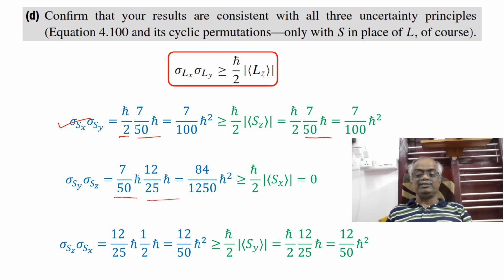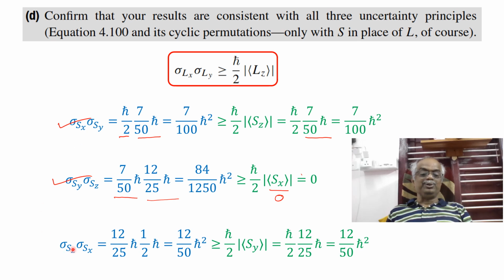The expectation value of Sx is 0, as we have seen in section B. Anything is greater than or equal to 0, so this is a trivial case. Naturally this also satisfies the uncertainty principle.